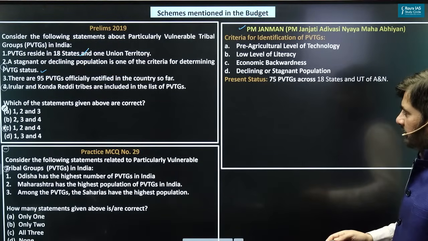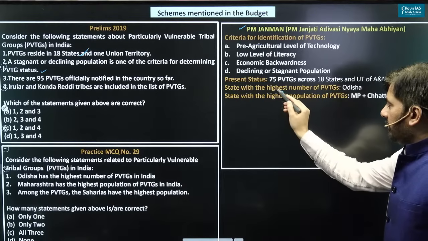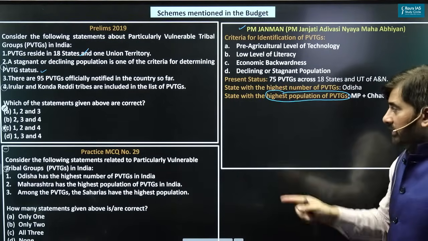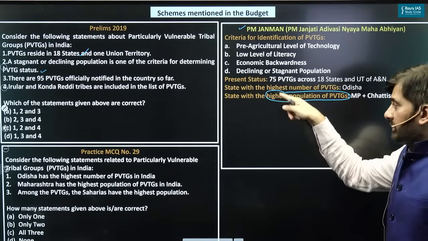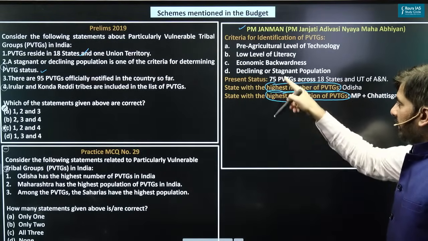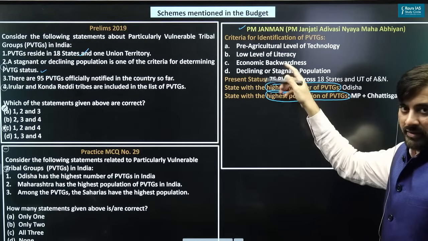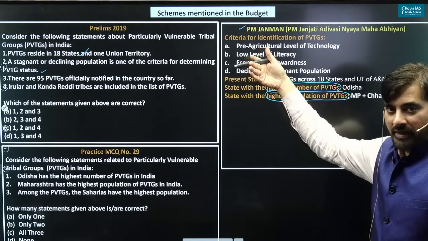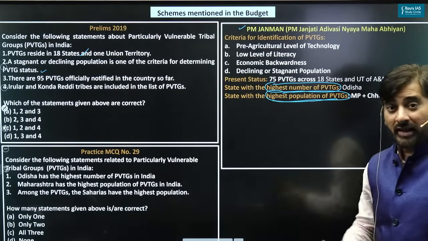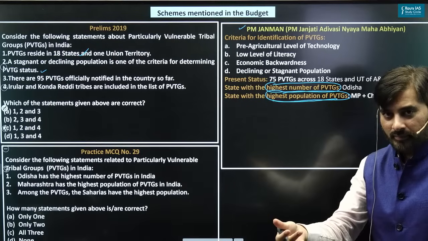The state which has the highest population of PVTGs. Can you see the difference here? This says highest number of PVTGs, which is like out of these 75 PVTGs, where are the maximum number of PVTGs? But the second one, highest population of PVTGs in absolute value, in which state?